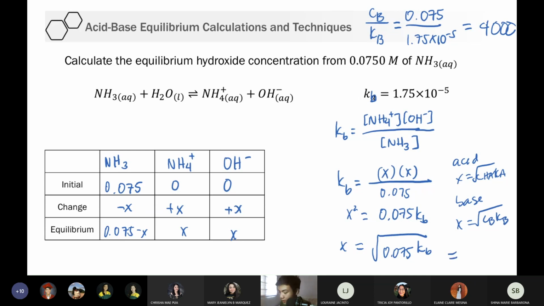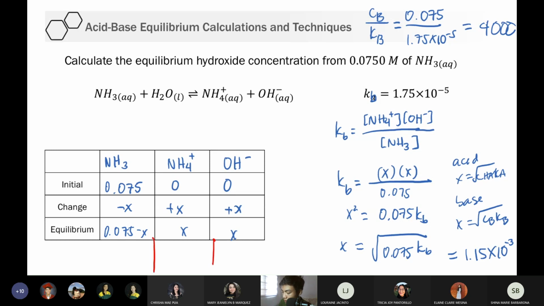So solve for x. We get the square root of 0.075 times the KB, 1.75 times 10 raised to negative 5. X is 1.15 times 10 raised to negative 3. So yun yung x values natin.